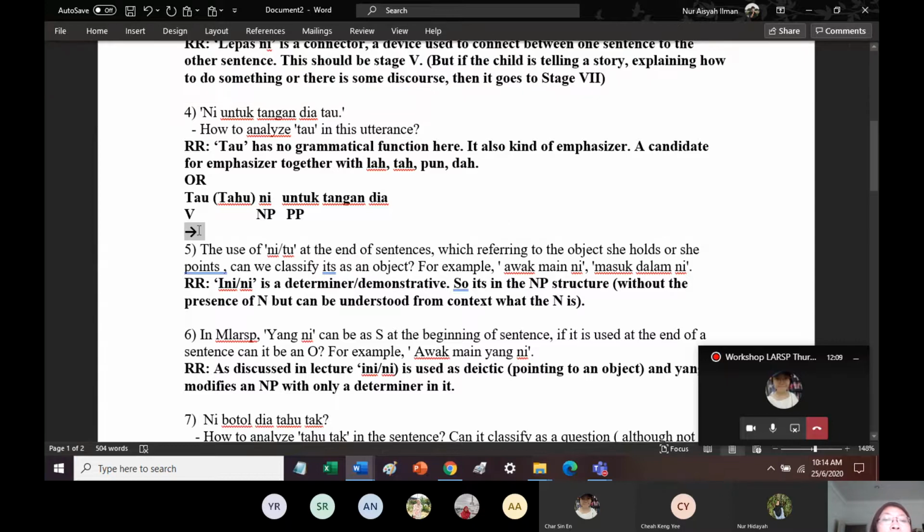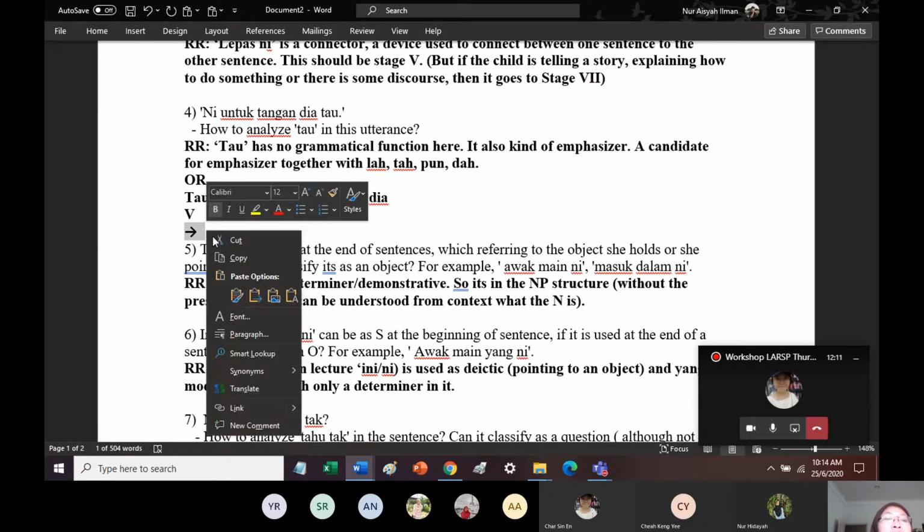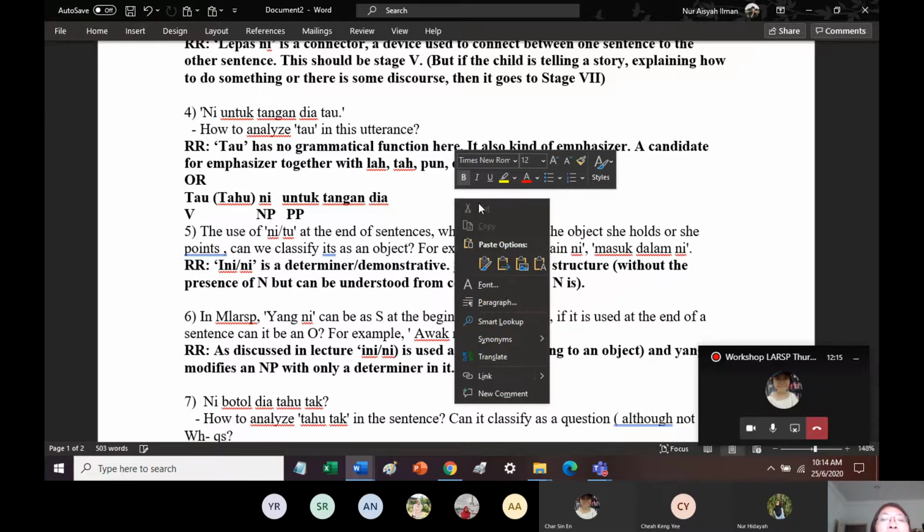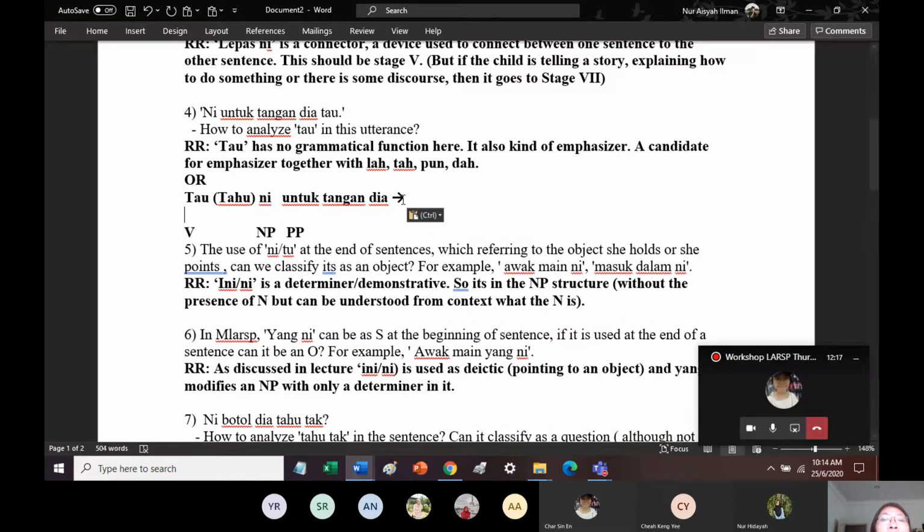So it becomes "ini untuk", comma there, "tahu".